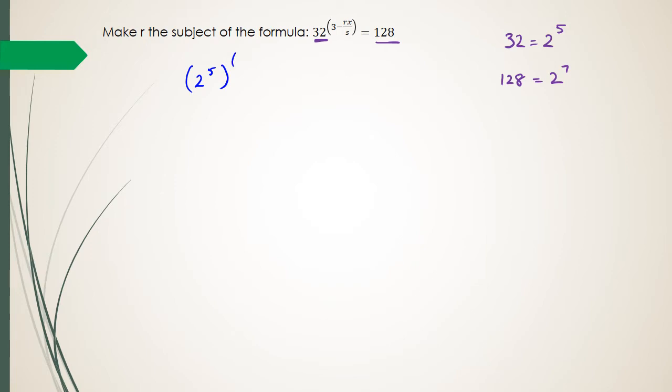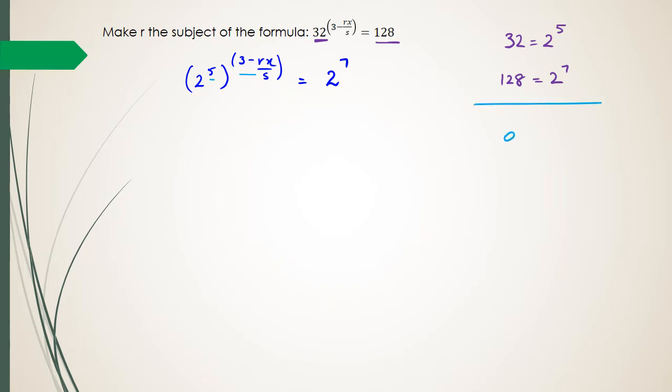It's raised to the power of 3 minus Rx over S. And that's equal to 128, but 128 is actually 2 to the power of 7. The next thing is that I'm going to be working with these two powers here, the 5 and this one here.